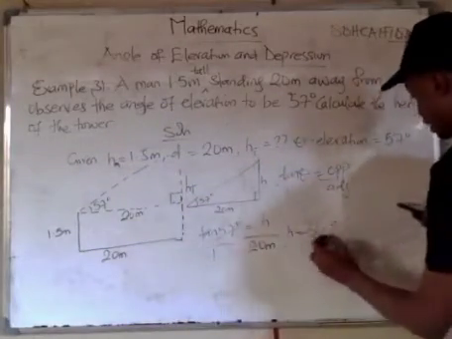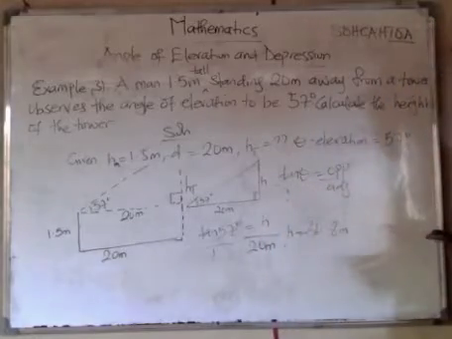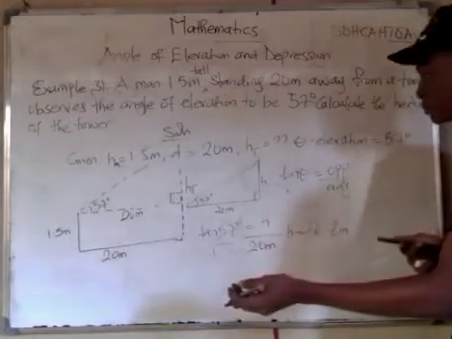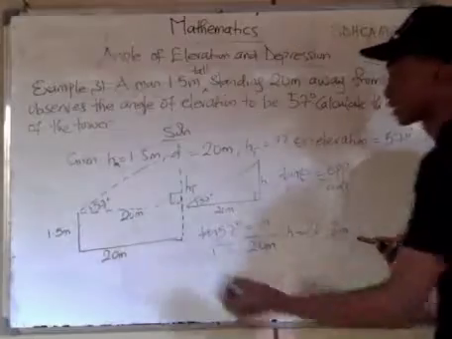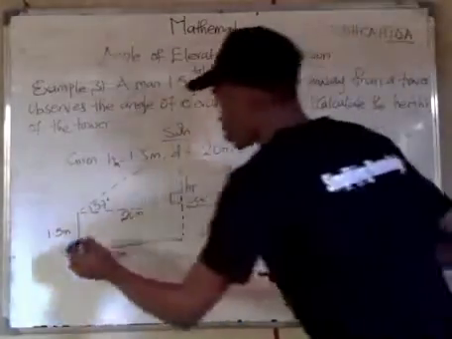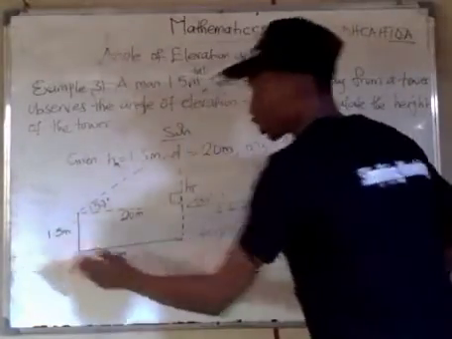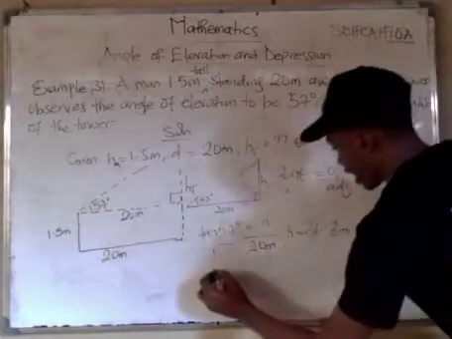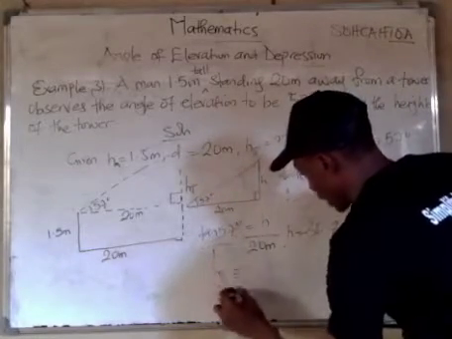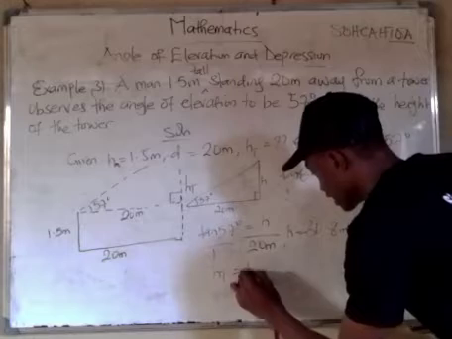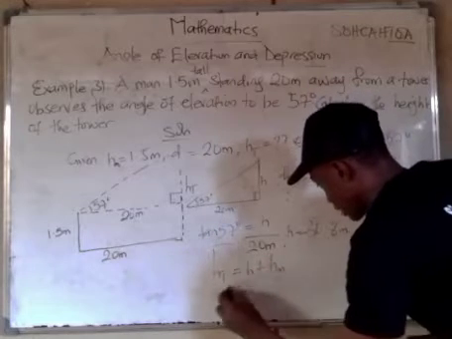So I'll get 30.8 meters. Now we have gotten the height. But the total height of the tower is going to be this h plus the height of the man, which is 1.5 meters. So h total, or the height of the tower, is h plus the height of the man, which is what?